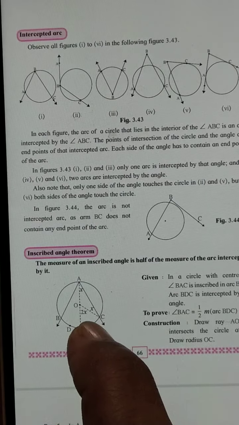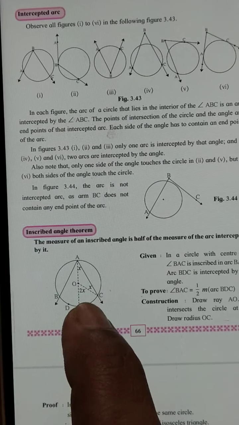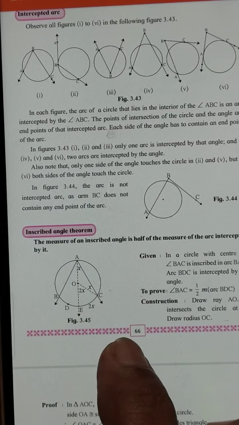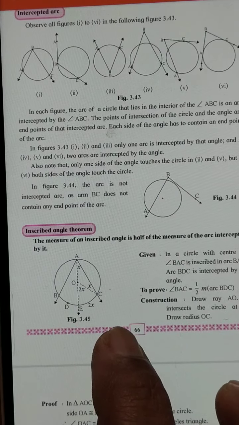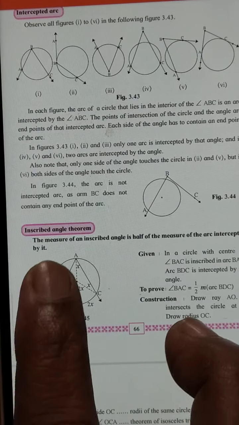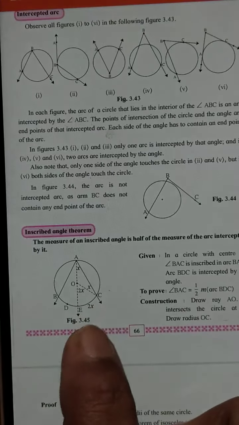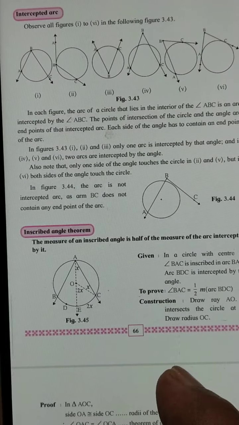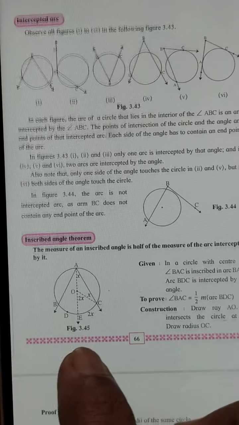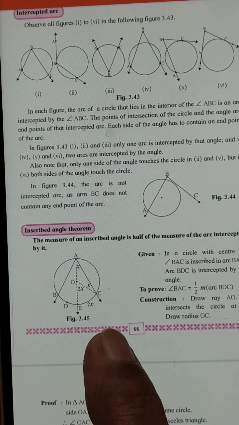In a circle with center O, here O is the center of the circle, and angle BAC is inscribed in arc BAC. Arc BDC is intercepted by the angle.